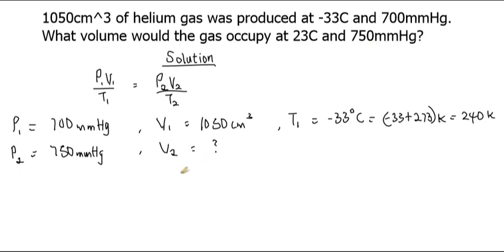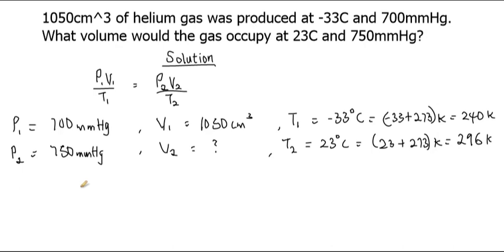So the volume is unknown. Then for the temperature, T2, the final temperature of the gas is given to be 23 degrees Celsius. Converting it to Kelvin, we have 23 plus 273, our unit as Kelvin. So this gives 296 Kelvin.